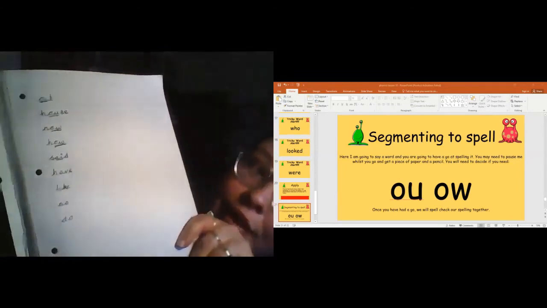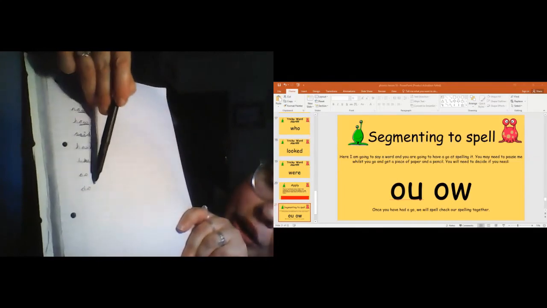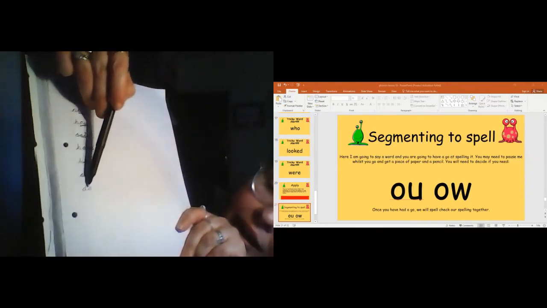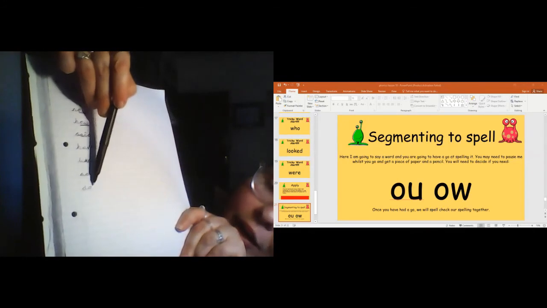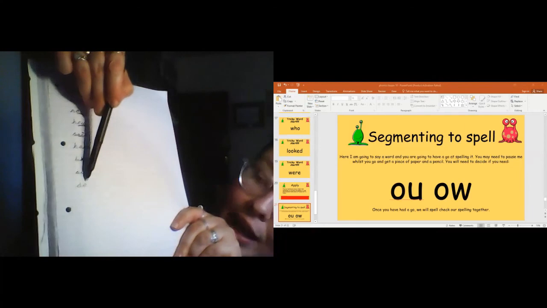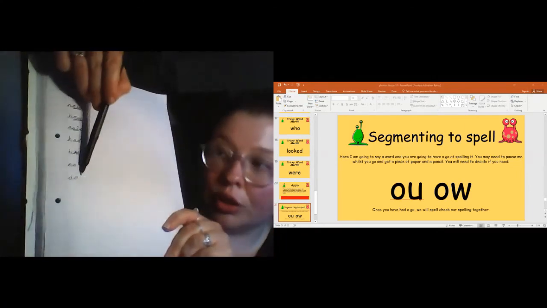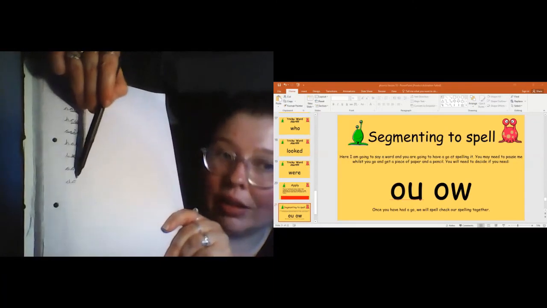Excellent. So, D-O, do. So here, again, we think it should be making either the sound O or the sound O, but here it's making the oo sound, do. Okay, so that's going to catch us out a little bit, do.